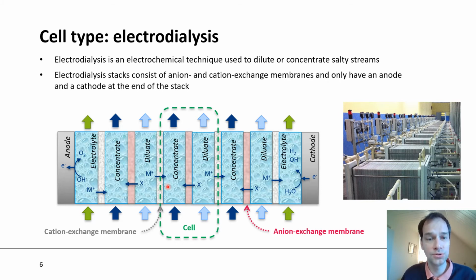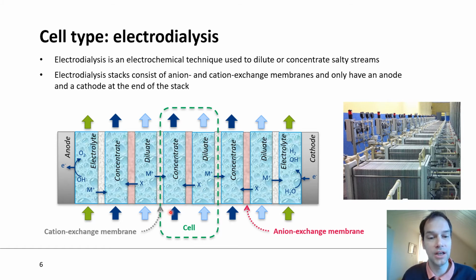Now, how can you use electrodialysis? It's typically used to dilute or concentrate salty streams. So if you, for example, go with a stream into this cell, you see that it could contain some salt. You see that the anions want to go through the anionic exchange membrane, and the cations go through the cationic exchange membrane. So as you go through the cell, you dilute the electrolyte.